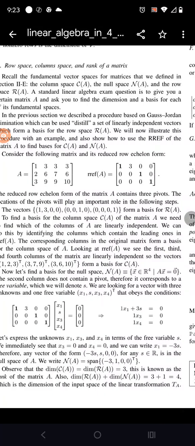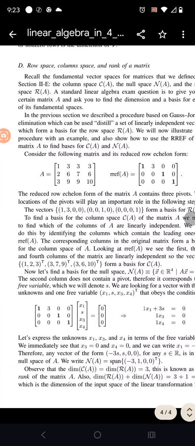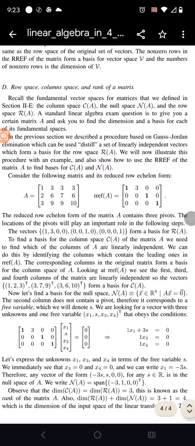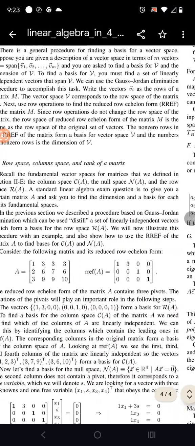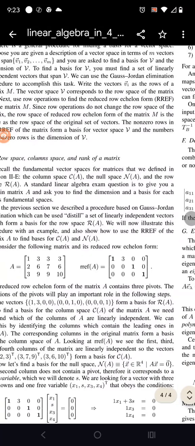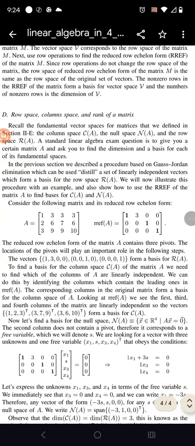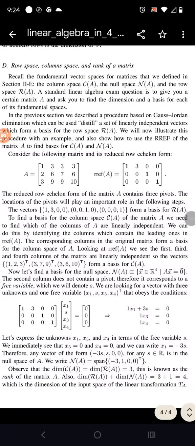So the dimension of the column space of A equals the dimension of the row space of A. This is the dimension of column space and dimension of row space. Let's take a look. Yeah, because we have 3 rows which are independent and 4 columns, of them 3 are independent, so the dimensions are equal, the same. This is known as the rank of the matrix.